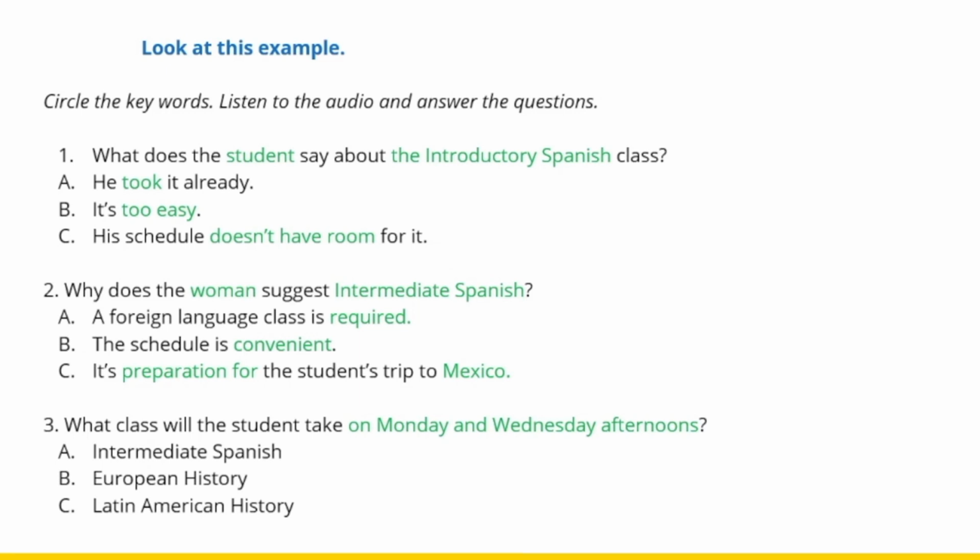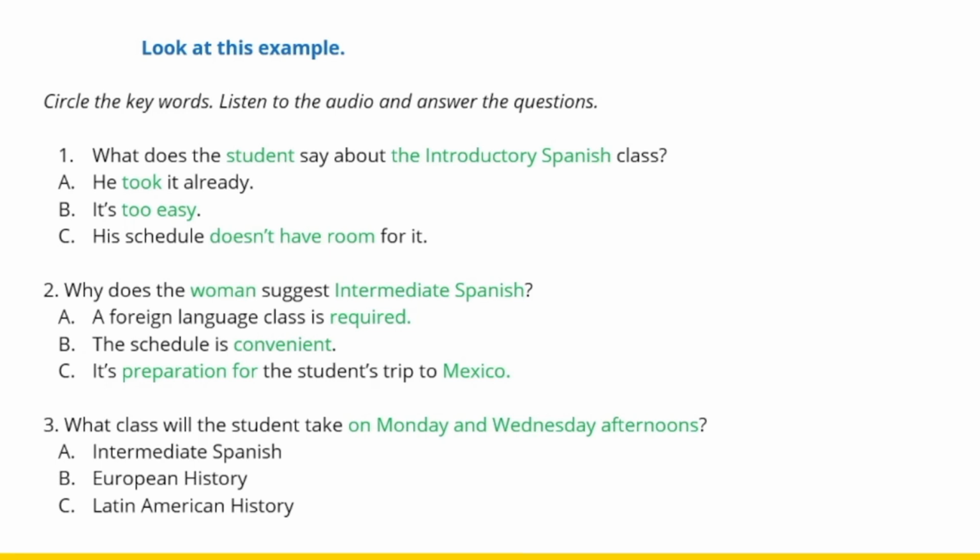And also, as I mentioned earlier, you have your multiple choices A, B, C. So you need to pay attention and highlight or circle the keywords. In this case: took it already, too easy, and doesn't have room. For doesn't have room, think about a paraphrase as well.